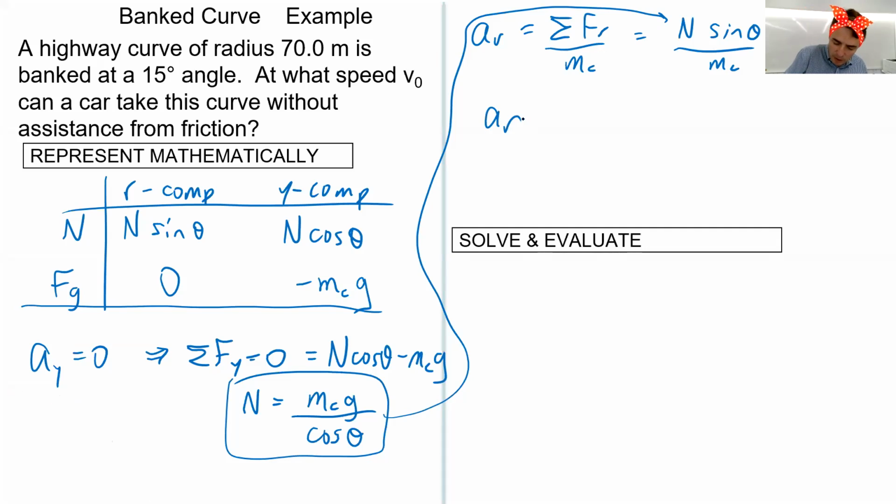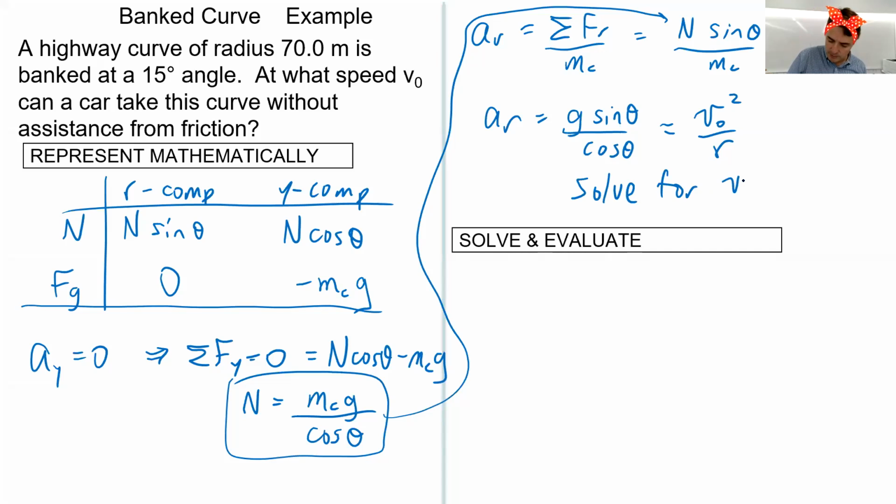So A sub R is equal to g sine theta divided by cos theta, okay? And that also is equal, we know, to V sub 0 squared over R. We know R, we know theta, we know g, so all we have to do is solve for V sub 0.